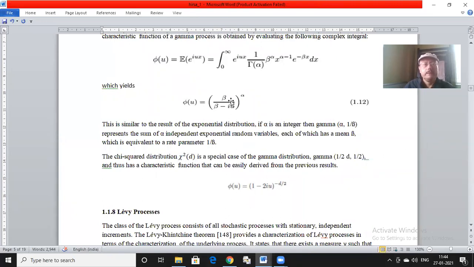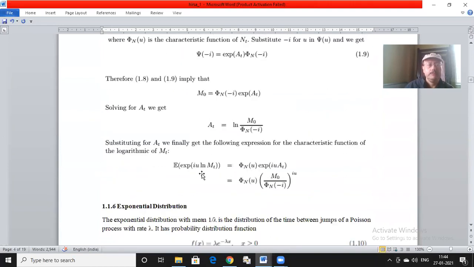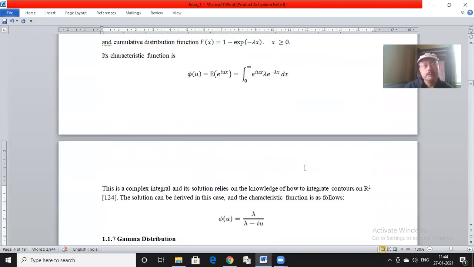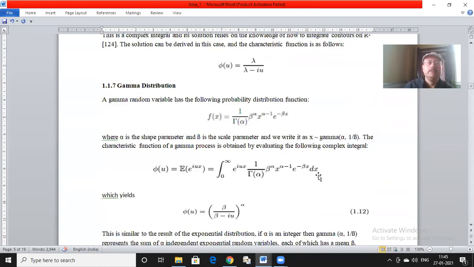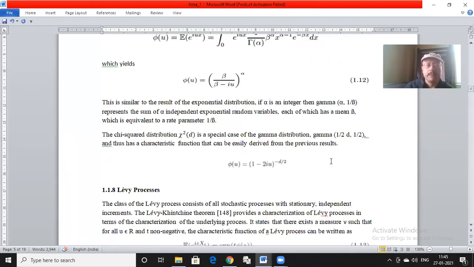So the characteristic function here, I can insert the relevant values of beta and alpha to get 1 minus 2 iu to the power minus d by 2. So these are the exponential class, which we will be needing later on. So we keep them with us: exponential, gamma, and sometimes maybe chi-square.